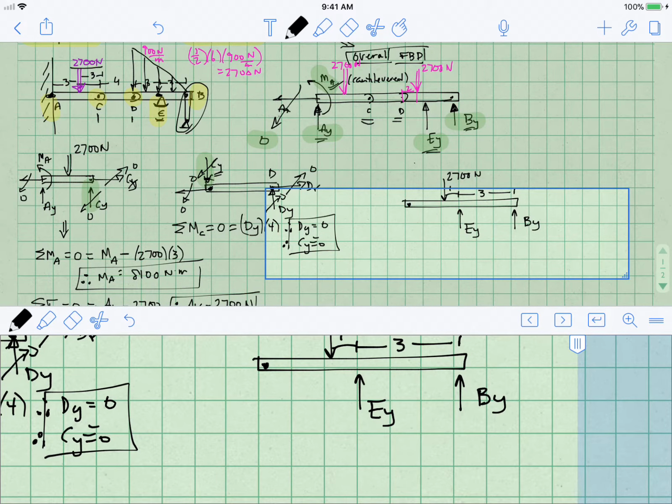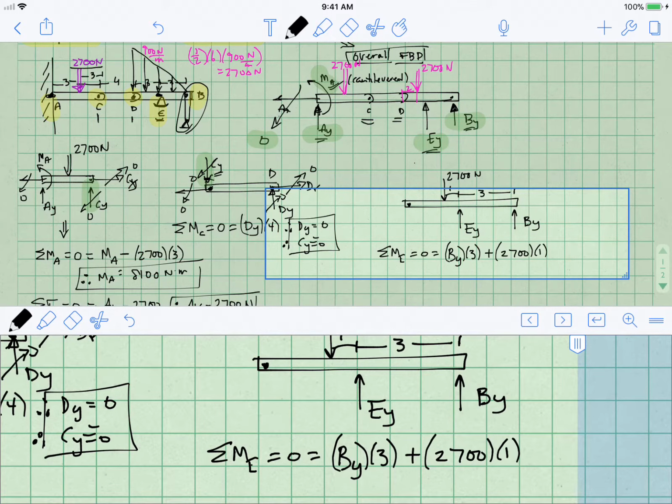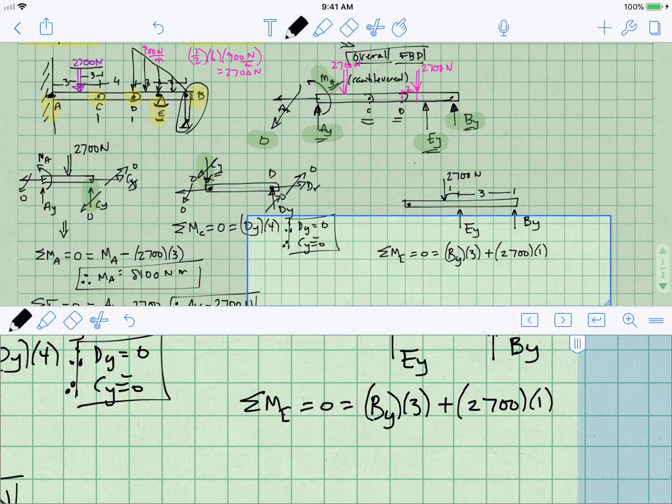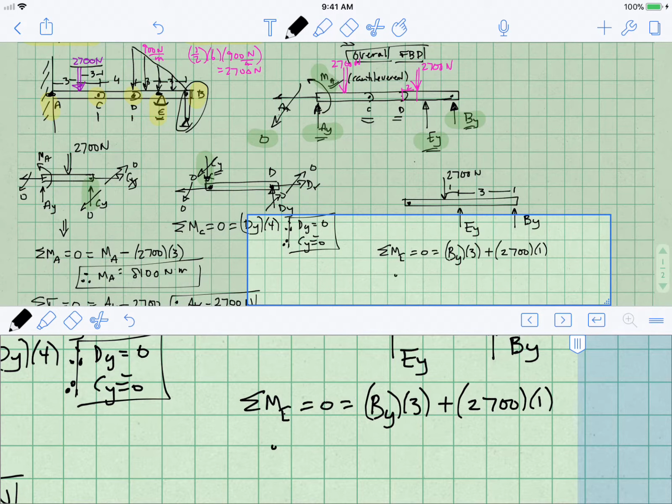So let's sum the moments at E and set them equal to 0. I'm going to get By times 3, which will be positive, plus 2,700 times 1, equal to 0. And therefore, By will equal minus 900 newtons.